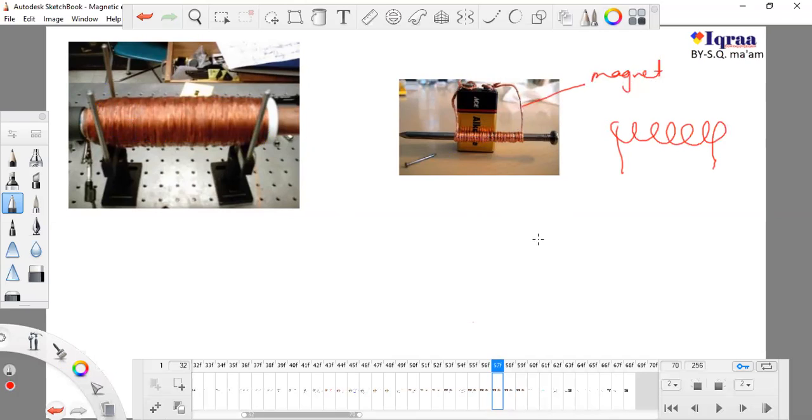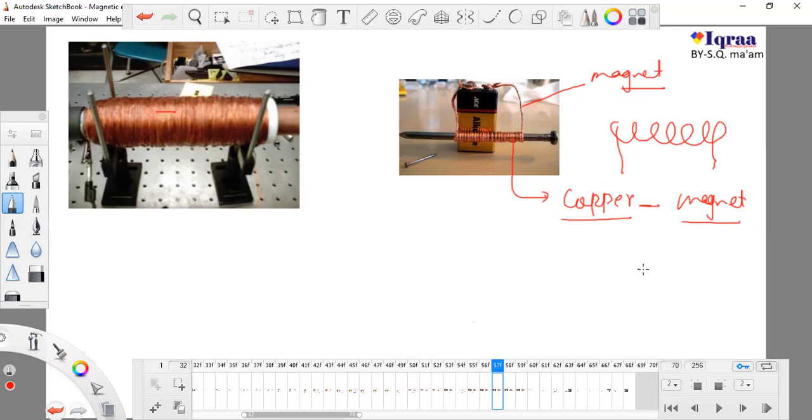Now if you want to magnetize another metal, the first metal is our copper and it is an electromagnet, and current is passing through this. Copper is already a magnet now because we have provided current.